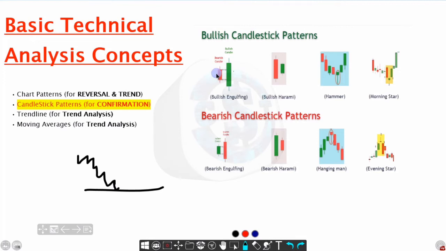We look at the candlestick patterns with chart patterns or with key levels. Okay, when price trades into a key level, that is when you want to be monitoring for candlestick patterns, or when price has formed a chart pattern, like a double top with a stop on, or double top with a failure swing, or the head and shoulders pattern, then you can look for candlestick patterns. Okay, to actually help you get in earlier.